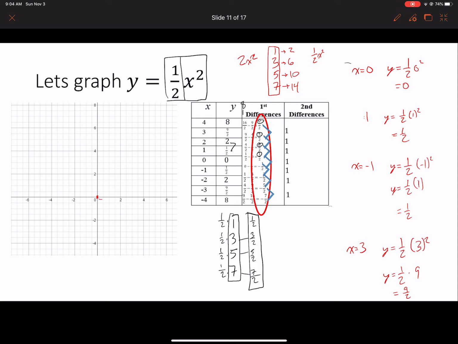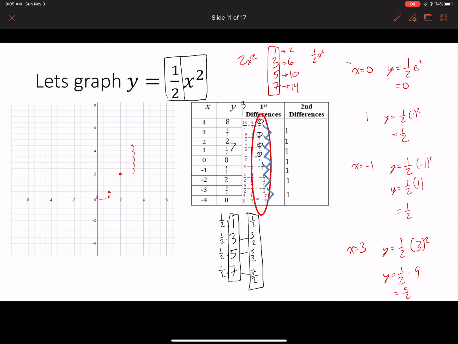One step, I'm thinking half a step. The next step will be 1.5 steps, 3 over 2. So that'll be 1, 2, 3. Our next step will be 5 over 2. 1, 2, 3, 4, 5.